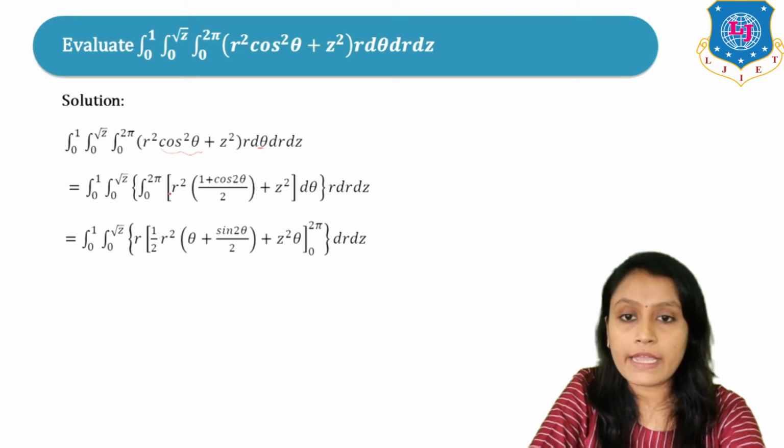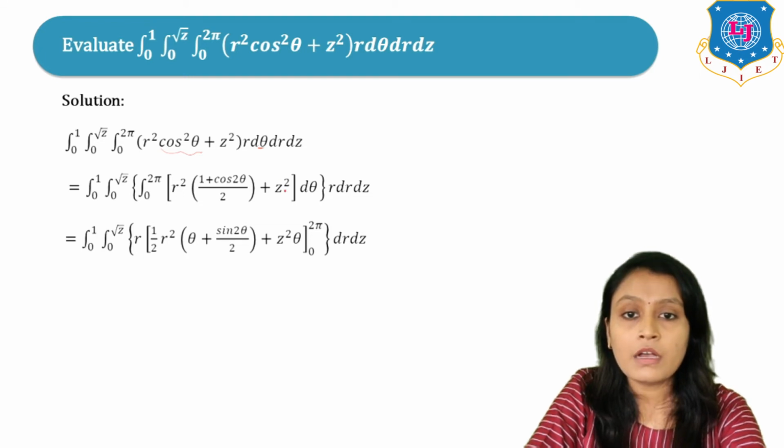Now we will integrate with respect to theta. Integration of 1 is theta, plus integration of cos 2 theta is sin 2 theta upon 2, and this r square and 2 are taken outside, with the r written here.